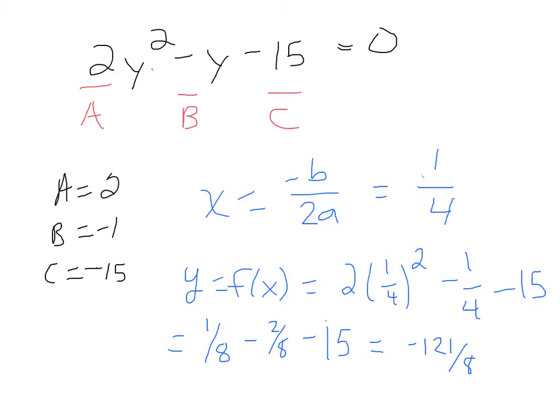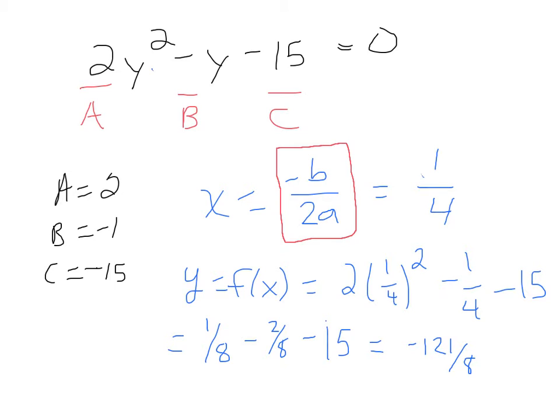The value in front of your linear term, which is the y, you'll see is b is -1. And then the value in front of your constant is your constant c, which is -15. So in our case, we have an a value of 2, a b value of -1, a c value of -15.